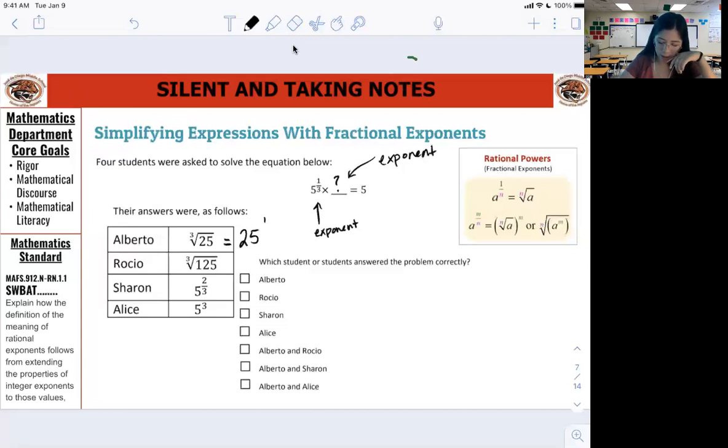Good. Remember, there's an invisible 1 on the inside, so that 1 goes on top. So it's 25 to the power of 1/3. How about the cube root of 125? 125 to the power of 1/3. Good.